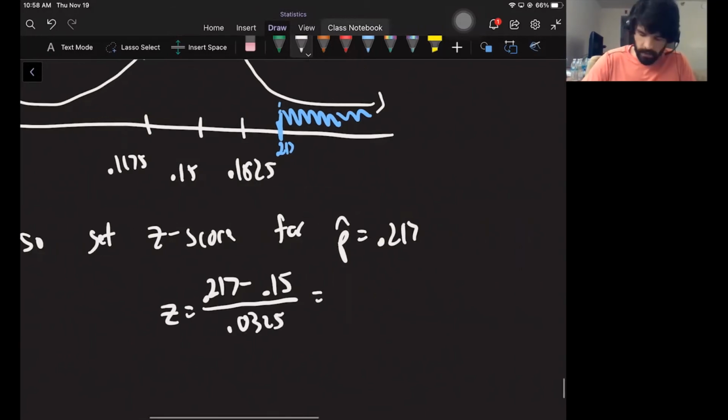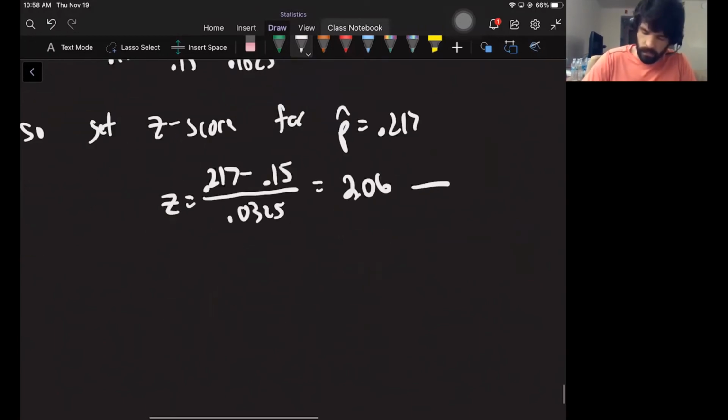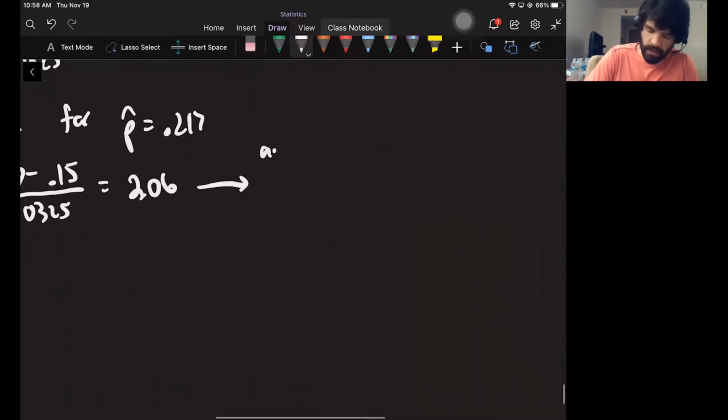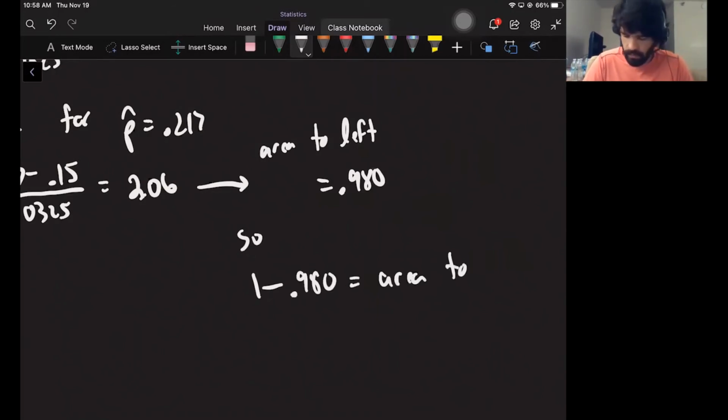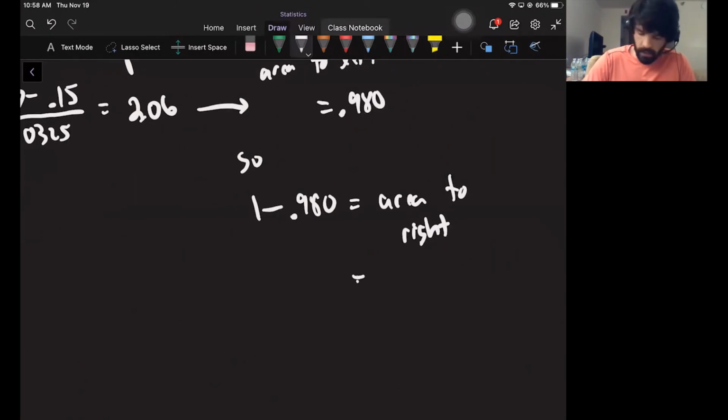And if you do that, you'll get 2.06. Then you can turn that into an area to the left using that calculator, and you'll get 0.980, but I really want the area to the right. That'll be done by subtracting from 1, because the total area is always 1 underneath the bell curve, and that'll be 0.02.